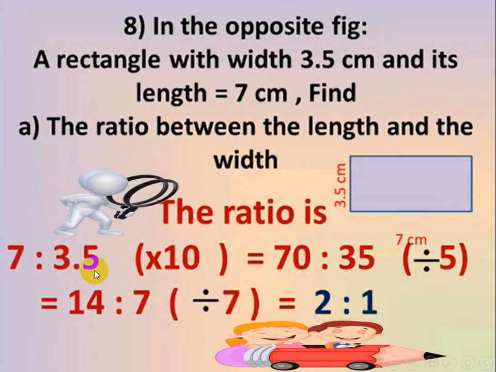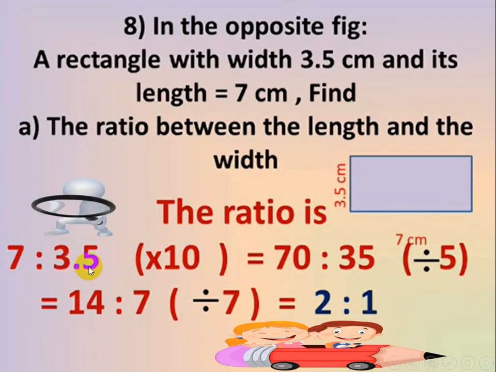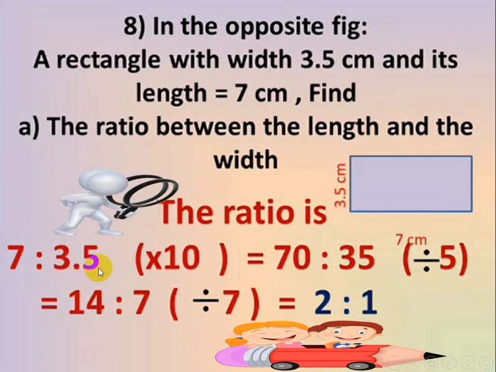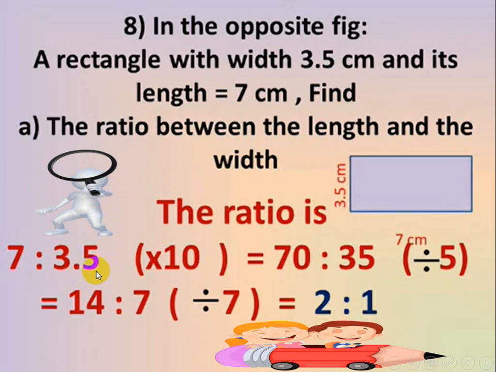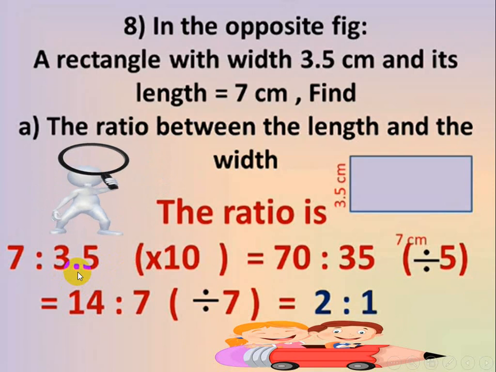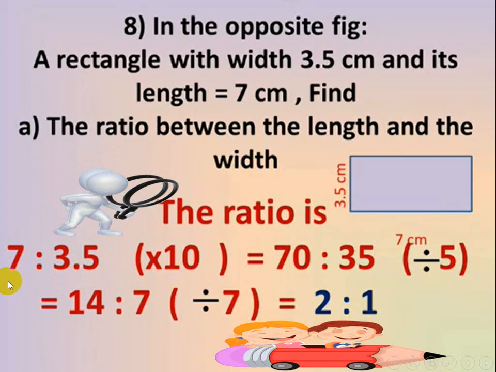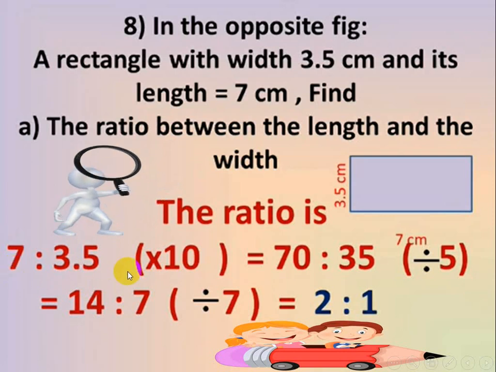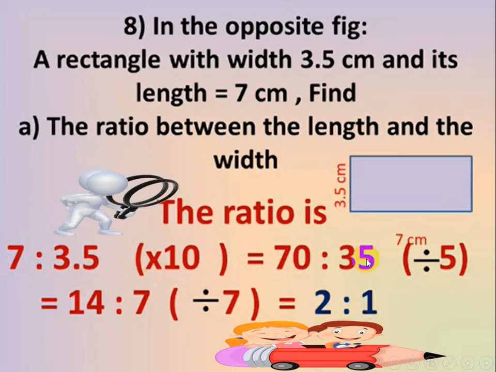As we knew before, we can't find a ratio between decimal numbers. So we need to convert 3.5 into a whole number. Remember the point is after one digit. 3.5, the point is after one digit. So we need to multiply by 10. So write times 10. 7 times 10 equals 70. 3.5 times 10 equals 35.